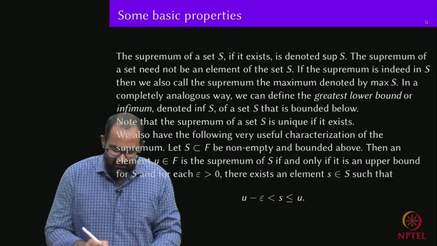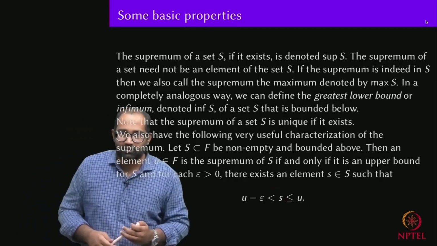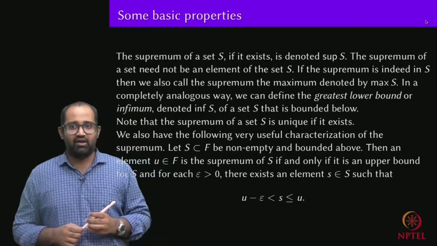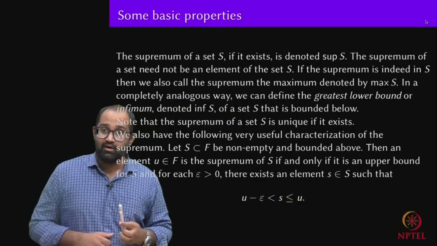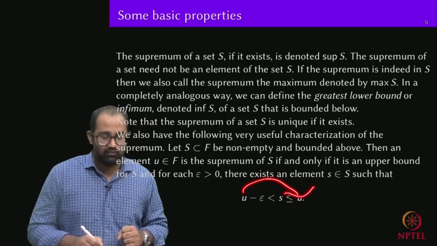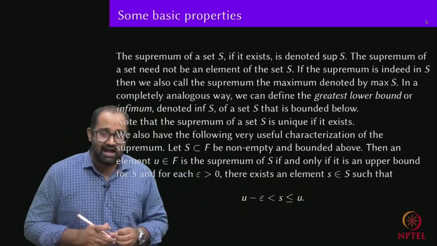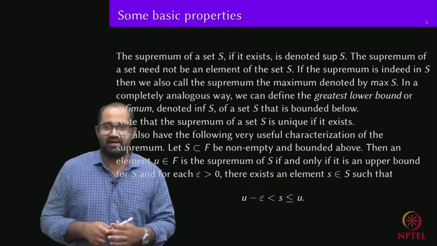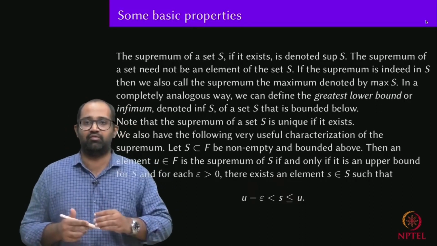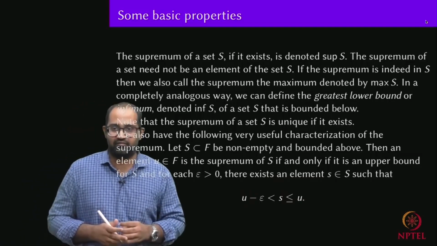Then it is clear that u minus epsilon is also an upper bound for the set S. Consequently, u minus epsilon is an upper bound which is smaller than u, which is not possible because u is the least upper bound. So that shows that the supremum is an upper bound with the property that when you chop off a little bit from the supremum, you will always be dominated by some element of the set.